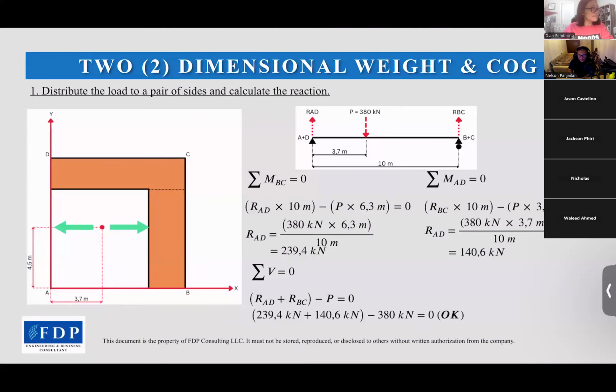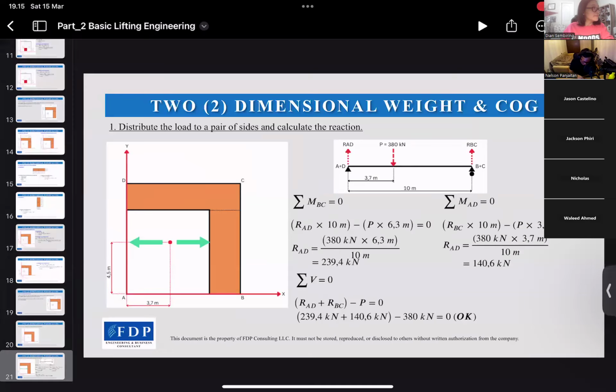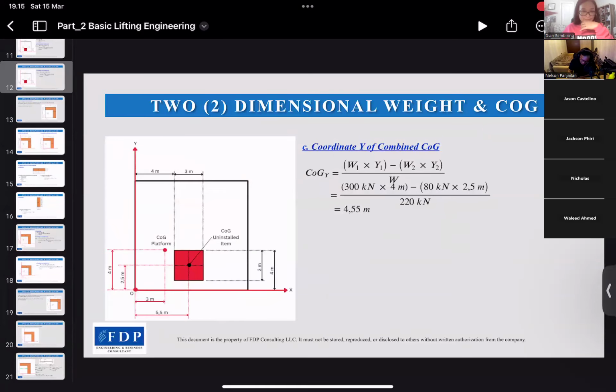I think it will be more detailed, but it will stay the same, using the same formula like the previous one.